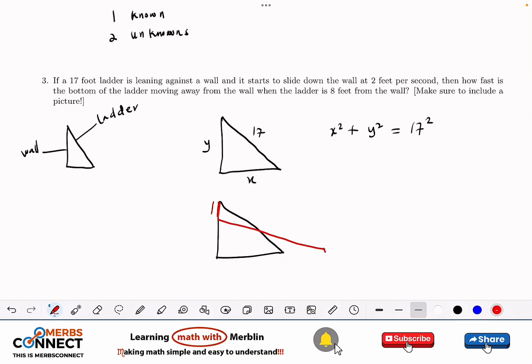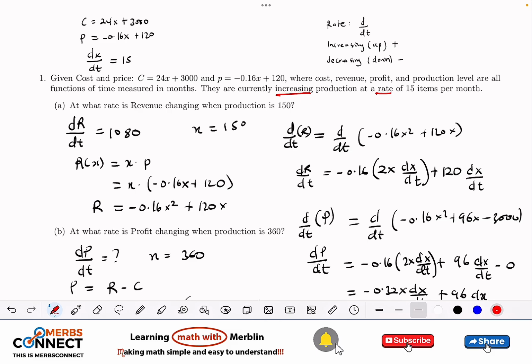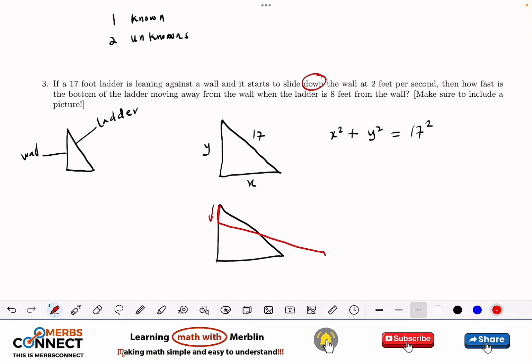And you see that this change here is going down. As I said, anytime you're talking about down, it should be negative, right? So it starts sliding down. So there is a change. And if there is a change, there is a rate.